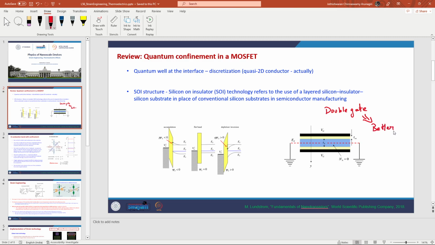This is something that you do well to remember even in general. And better screening implies the impact of VDS is reduced.